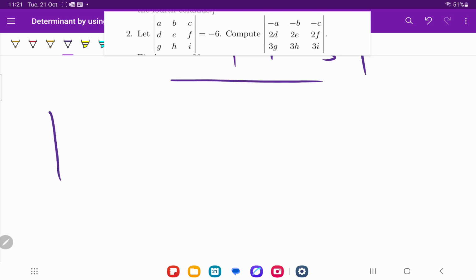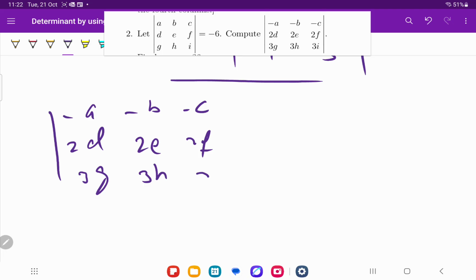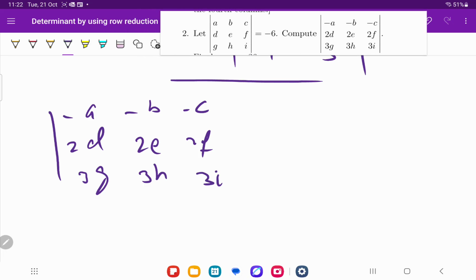So first of all, we will write the matrix that we wanted to evaluate. Three G, 3H, 3I. So that is the determinant.